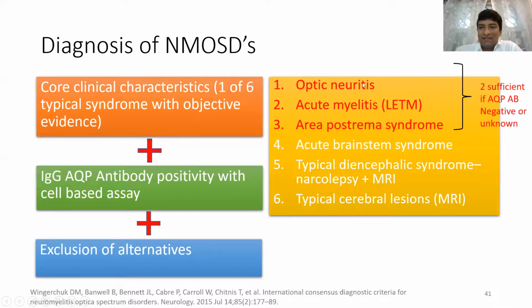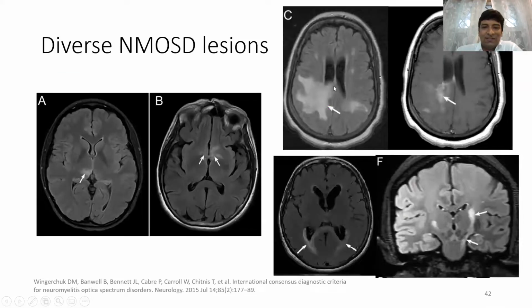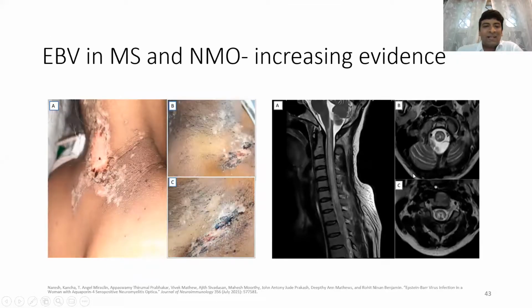Okay, so as I said, 2 of the top 3 classical sites are sufficient to make a diagnosis, even if aquaporin antibody is negative. Okay, so these are some of the atypical NMO lesions. So you can have thalamic lesions, hypothalamic lesions, large subcortical cerebral lesions, which may show faint enhancement, and periventricular lesions. So these are all varieties of NMO lesions.